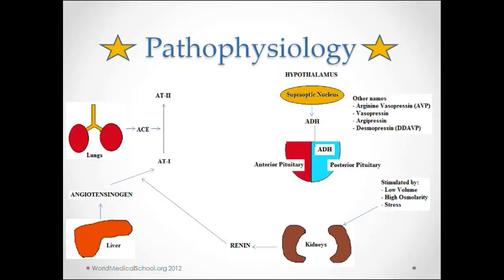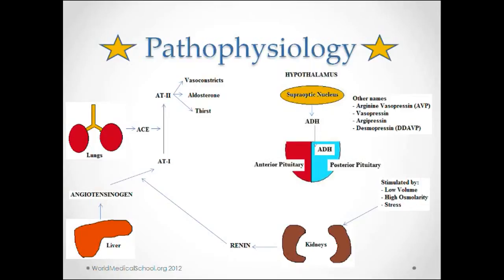It vasoconstricts the efferent arteriole in the kidneys. It stimulates the release of aldosterone from the zona glomerulosa in the adrenal cortex. Aldosterone controls the sodium-potassium ATPase pump, which increases sodium and water reabsorption. Angiotensin 2 also stimulates the thirst center in the brain.